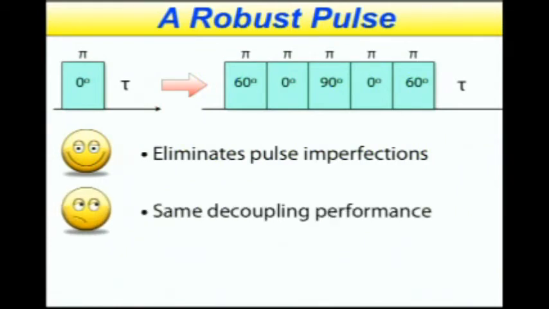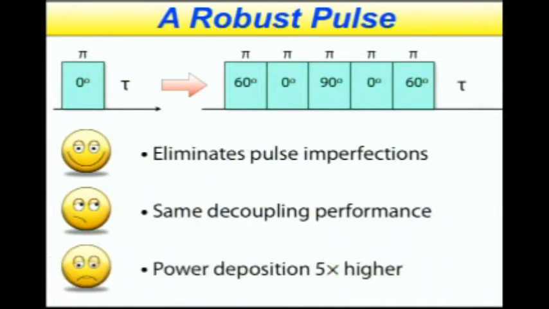It achieves the same dynamical decoupling performance in the sense that it suppresses the interaction with the environment. And it has one disadvantage, because you replace a single pi pulse by 5 pi pulses. It means you deposit 5 times as much energy in the system. And for some systems, that's not what you want.